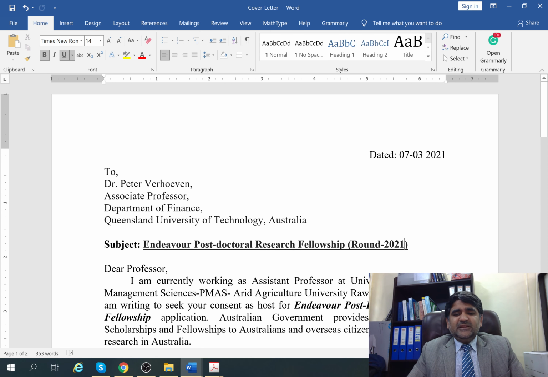And the second one is there are many different countries offering postdoc fellowships. Different universities are offering postdoc fellowships, and different countries have funding opportunities, and they call each year for postdoc projects.